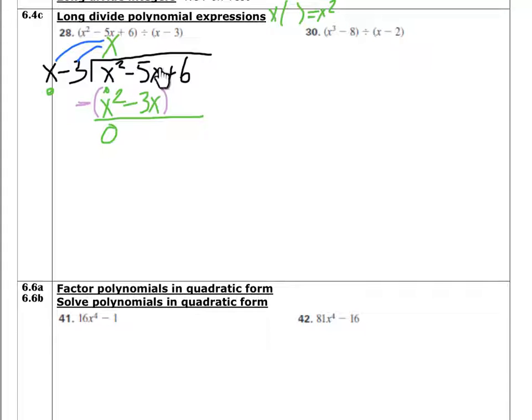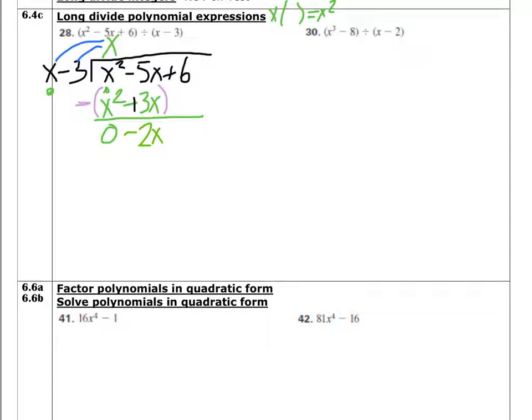And negative 5x minus a negative 3x, be careful. What you can actually do is imagine that you're distributing this negative sign here, so this becomes positive. So that would really be a plus 3x. So negative 5x plus 3x is going to give you a negative 2x.